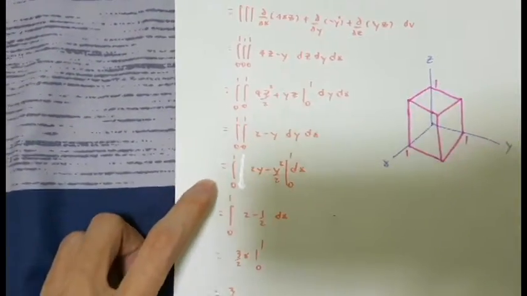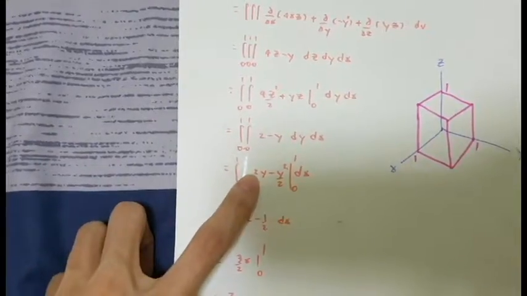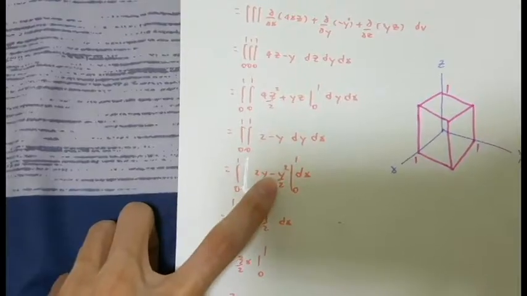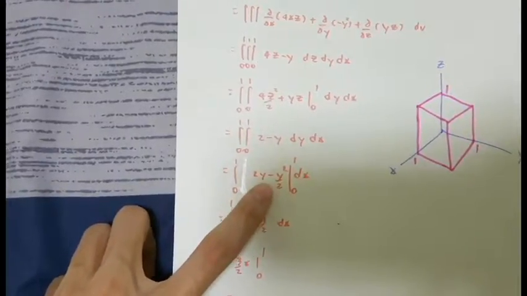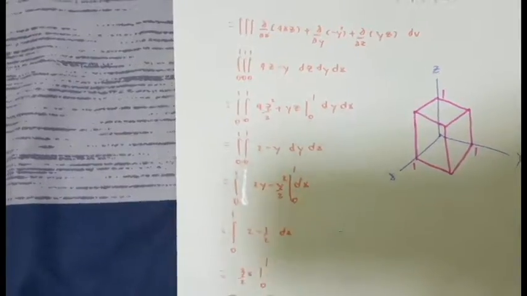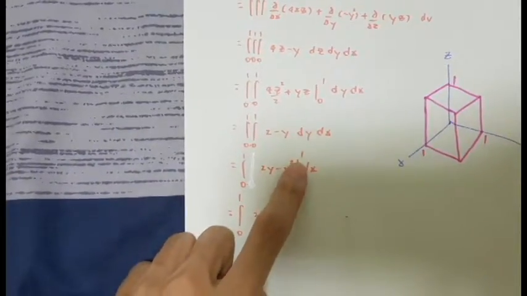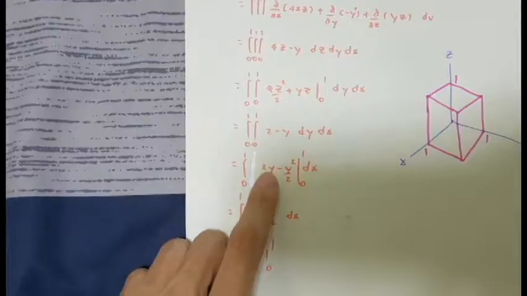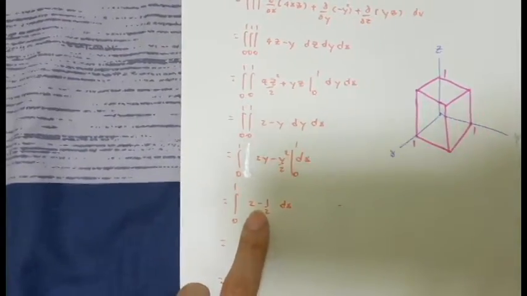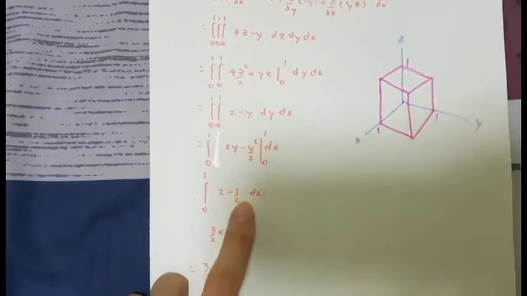Next we will integrate, and we will get 2y minus y squared over 2, from 0 to 1, dx, and substituting 1 for y, we will get 2 minus half dx.